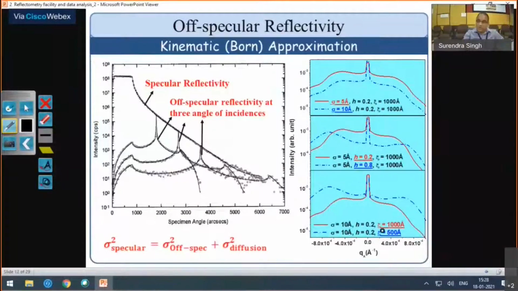And from this figure, you can see if you change this parameter, your off-specular reflectivity pattern changes, and that's why you get the information of interface morphology.